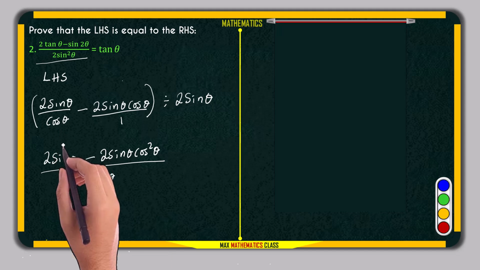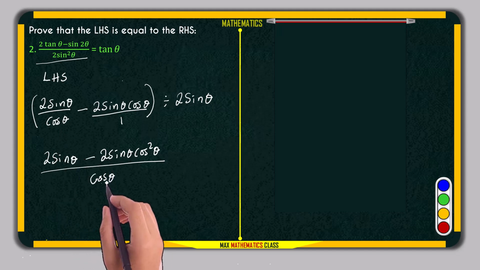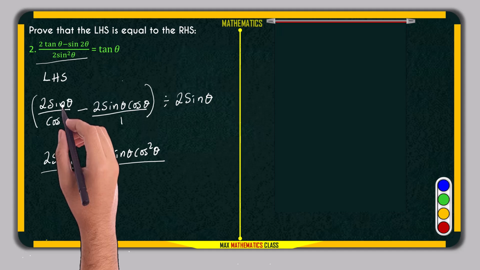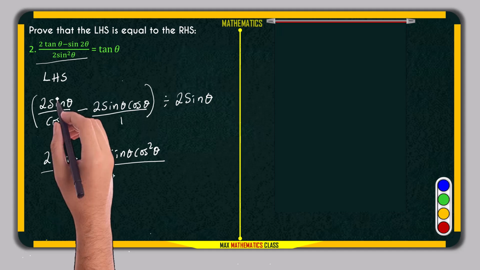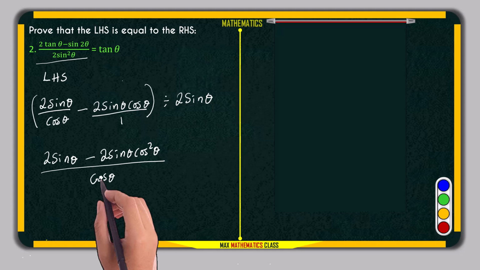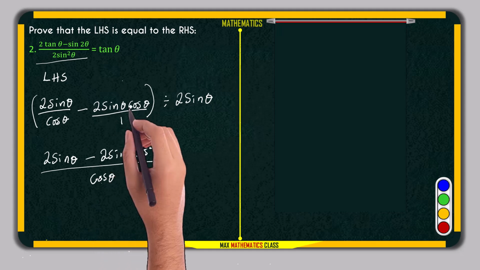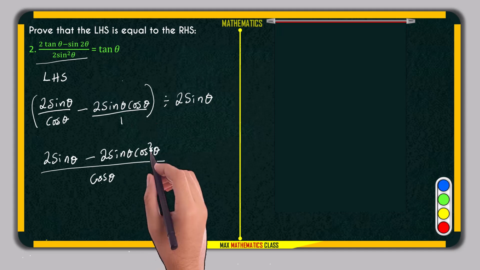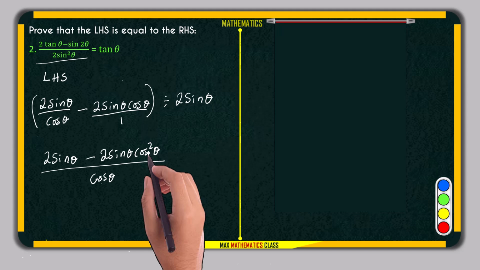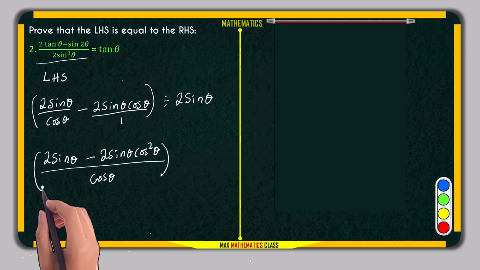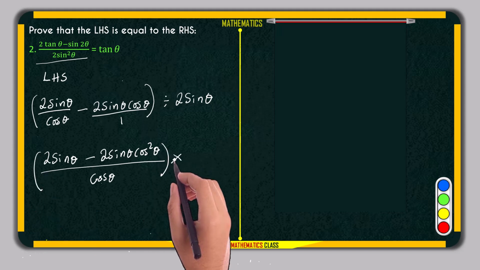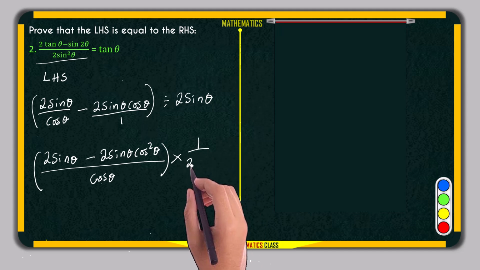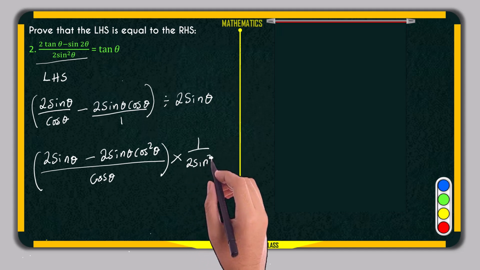Now cos theta going into cos theta will give us 1. 1 times this will give us this. Again, 1 going into cos theta will give us cos theta. To multiply what is here, it will give us 2 sine theta cos square theta. So we are now going to convert this one to multiplication. Then we now have 1 over 2 sine square theta.